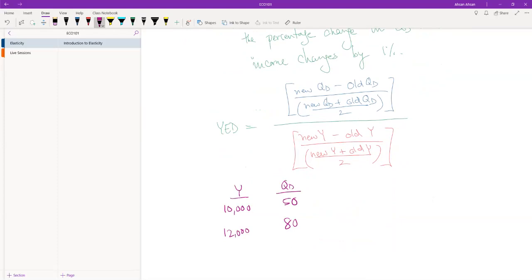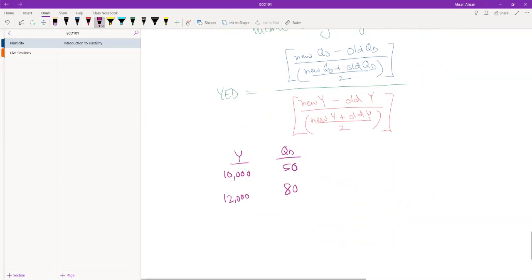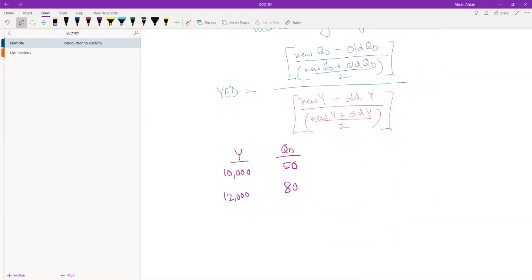So because of a rise in income, you're buying more of a good right now. You guys have talked about this in the previous chapter already. Just remember, whenever there is a change in income, your demand curve shifts. Okay, so let's do the calculation then.